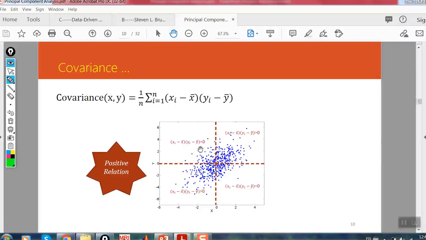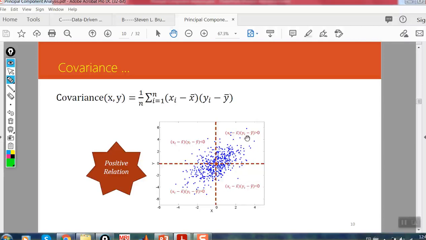But in the area of upper left and lower right, I mean here and here, okay, one of the distances is negative and the other distance is positive. Then the result of multiplication is negative in this area and this area.